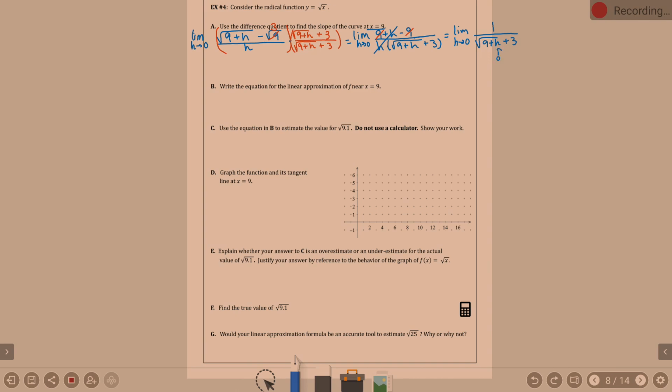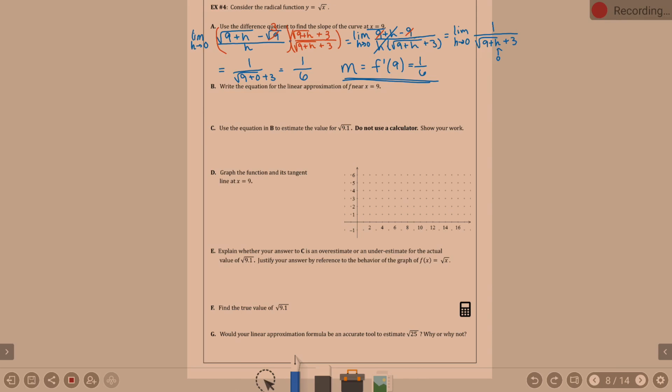When we plug it in, I'm going to bring it over here, 1 over square root of 9 plus 0 plus 3, so we end up with 1/6. Okay, this was the slope of the curve at 9, so this is m. It is also f prime of 9, and it is 1/6. So f prime meaning the derivative. This is the derivative at 9.